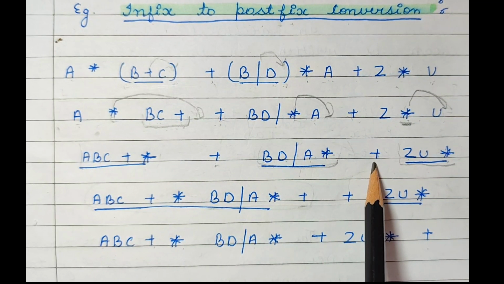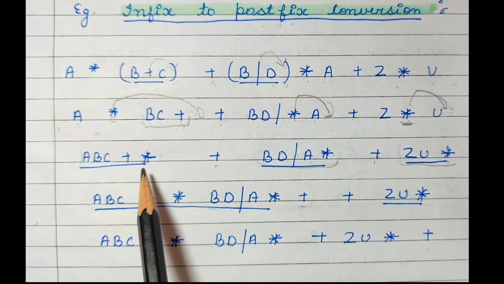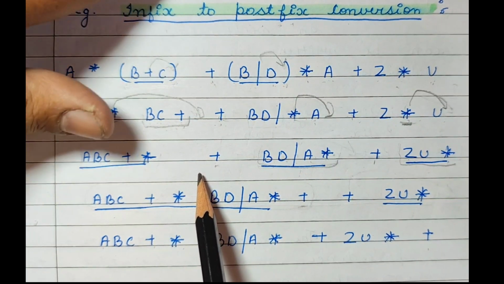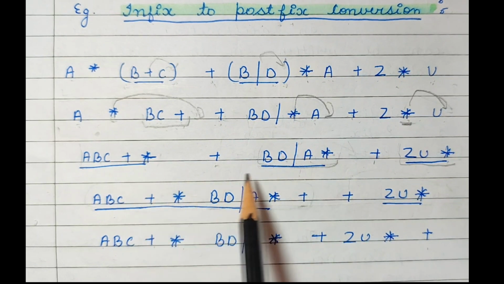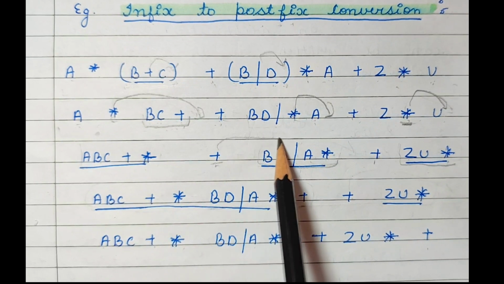So if a tie has occurred, then we scan the expression from left to right. So first we evaluate this plus operator. So plus moves further here.